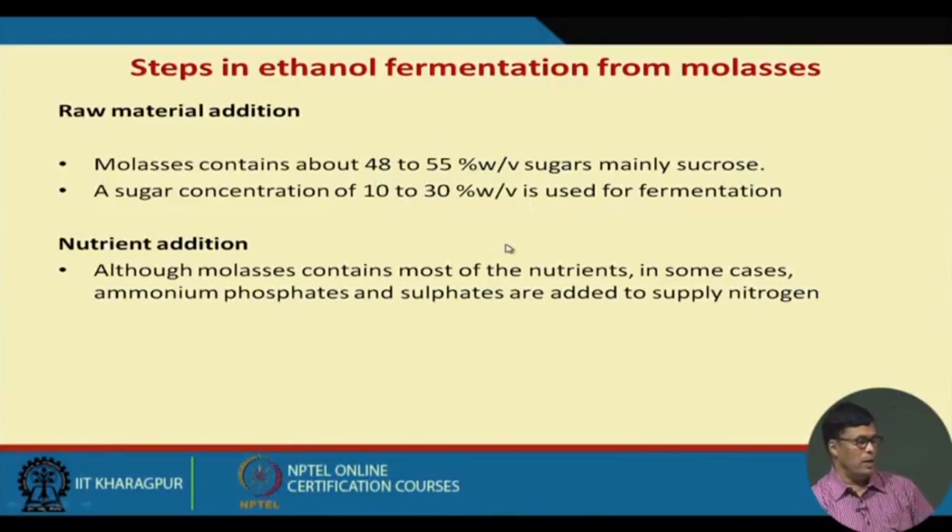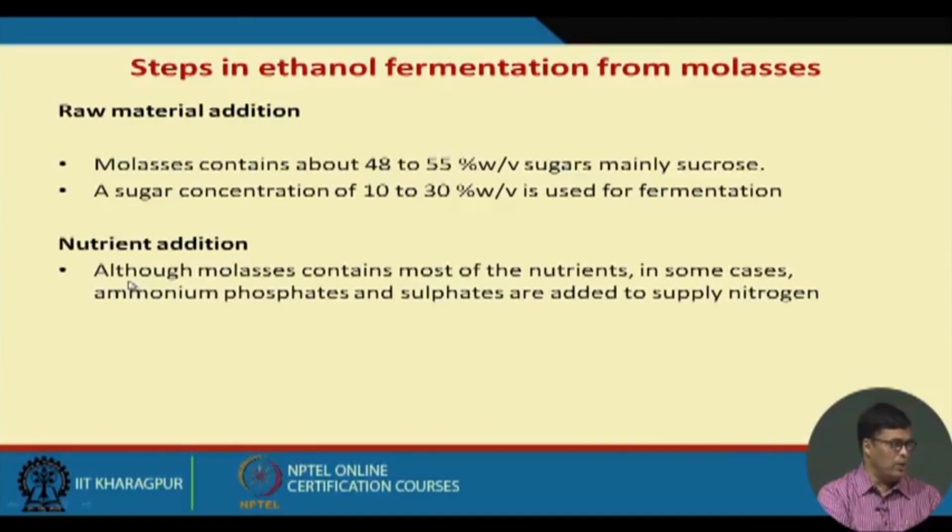Because 15-20 years before, the alcohol concentration of the fermentation broth was 7 to 8%. Nowadays, due to the development of osmotolerant and alcohol tolerant yeast cells, it is possible to increase the alcohol concentration up to 15%. So the sugar concentration also increased to a great extent.